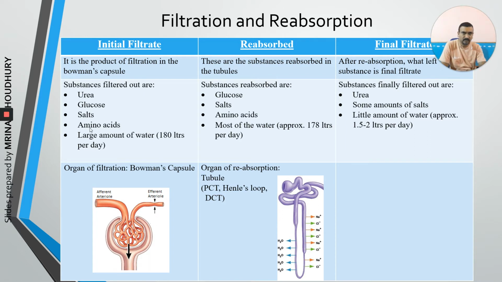Very important, please understand. Means specifically only the waste does not come out. So here we have given the diagram of how the Bowman's capsule is present. In the Bowman's capsule, from this network of capillaries of glomerulus, all these various substances are coming out.